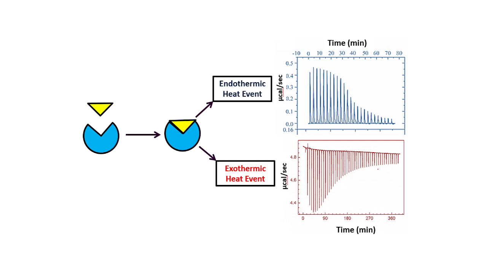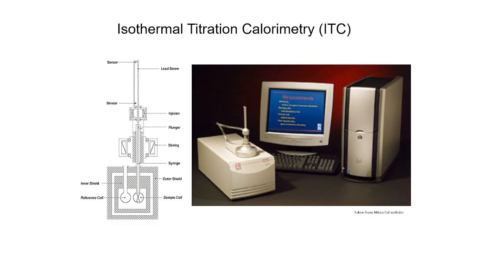In both cases it decreases with time, but for an endothermic reaction it is in the positive direction, and for an exothermic reaction it is in the negative direction. These are the two differences, and from here you can tell whether the reaction occurring after your ligand has bound to your protein is endothermic or exothermic. As I was saying, it measures the heat change, so from the graph you can comment on whether it is an endothermic or exothermic reaction.